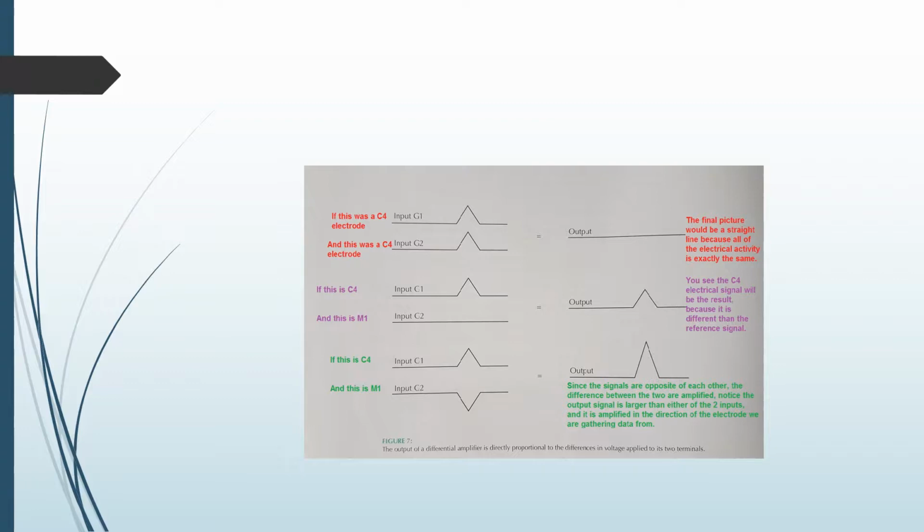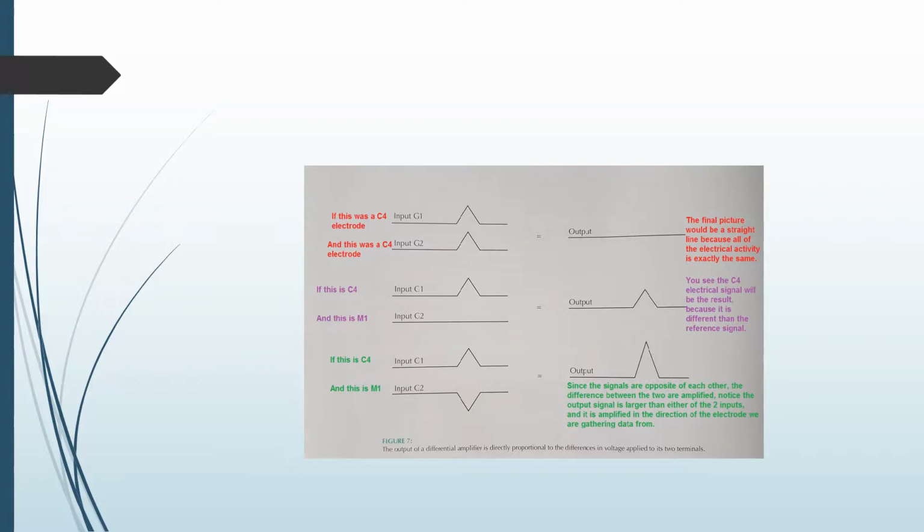So let's go down to the next 2, input G1 and input G2, with the purple writing beside it. So if our input for G1 is C4 and our input for G2 is M1, notice the input 1 has a voltage, it has a triangle going up, and G2 is just a flat line.